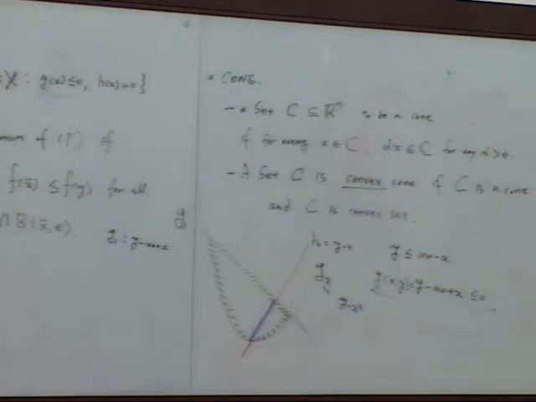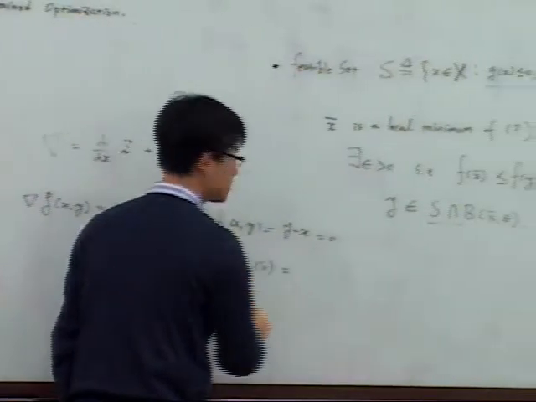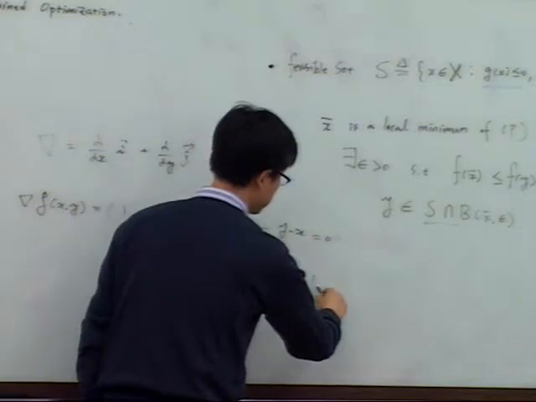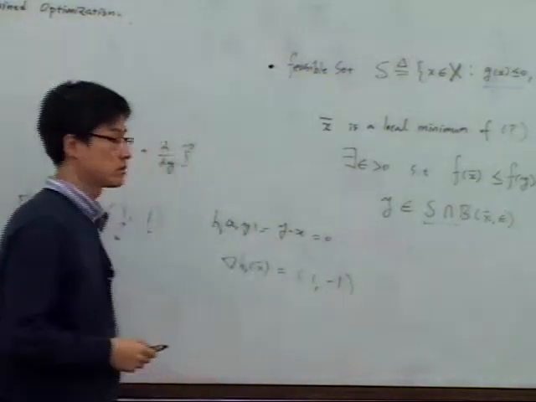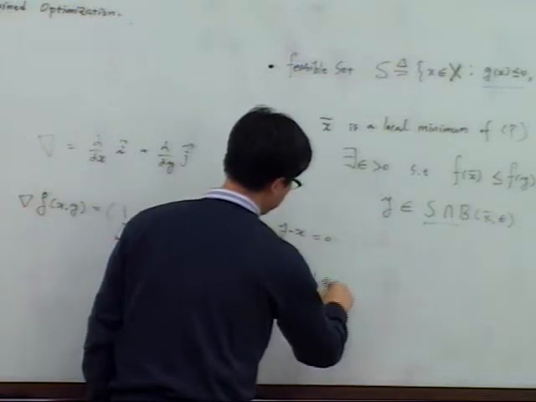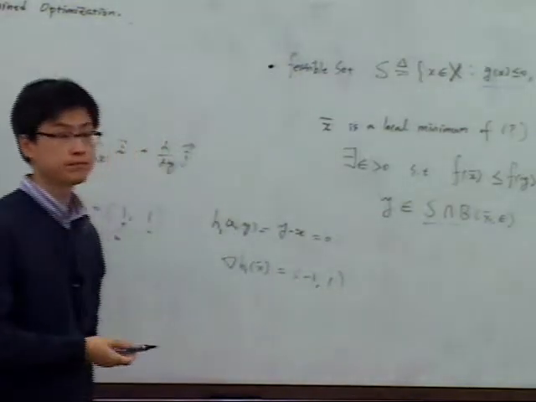The gradient of this h1 at some point is minus 1 comma 1, right?